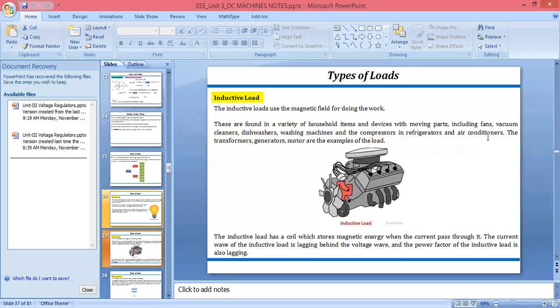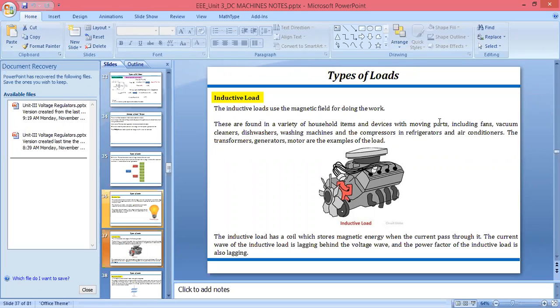These use the magnetic field as the input, and they give us the energy at the output. So these are the inductive loads, because these are found in a variety of household items which have moving parts. When we give the power supply, the vacuum cleaner, dishwasher, washing machine start to rotate, and the refrigerator will give coldness.